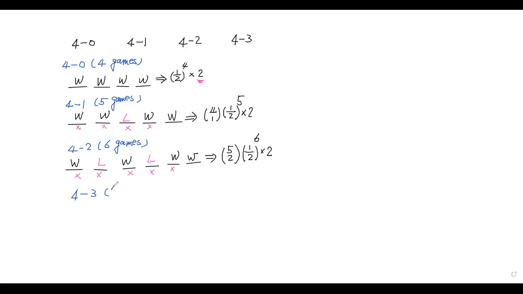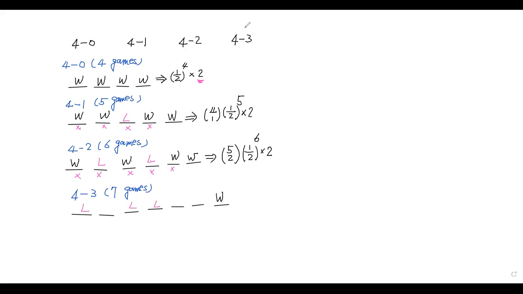So I'm going to have 7 games here. So the 7 games, that means 1, 2, 3, 4, 5, 6, 7. All right, so this last one is W. That means in here you need to have losings, right?